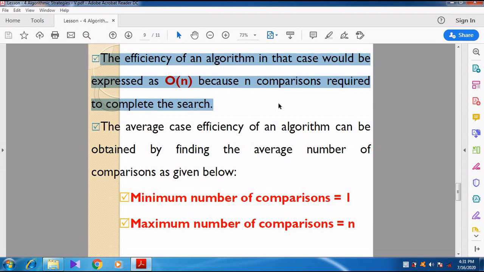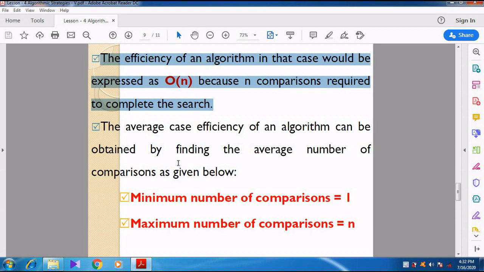What are the values in the array? 1, 2, 3, 4, 5. All 5 values are not equal to the search key element, so the element is not found. In that case, the efficiency of the algorithm is represented as O of n.